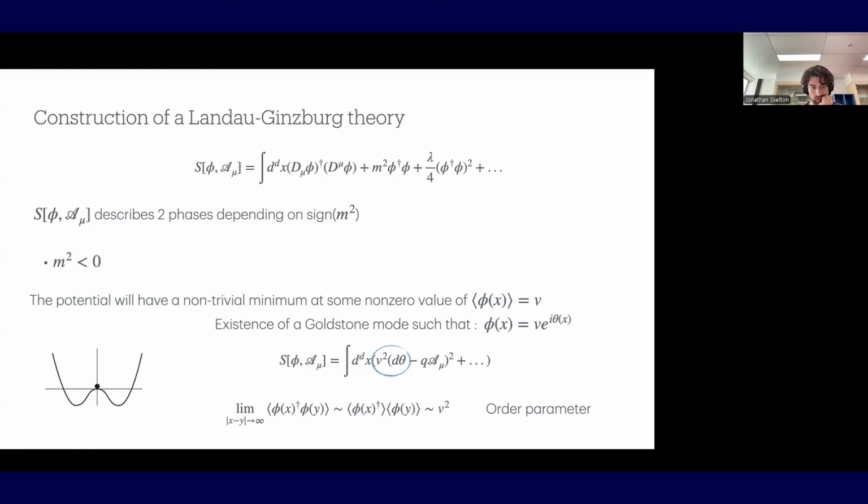Right, so this is how we see that we are in the broken phase: the field gets a VEV, the correlation function does not decay, and we have a Goldstone boson. And we can understand this phi also as an order parameter for our theory. Okay, so if this is clear, I think it's really a standard theory, we can generalize it.